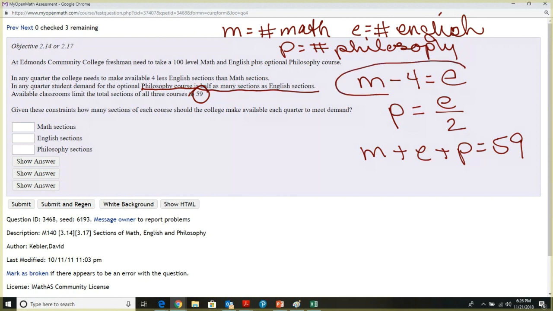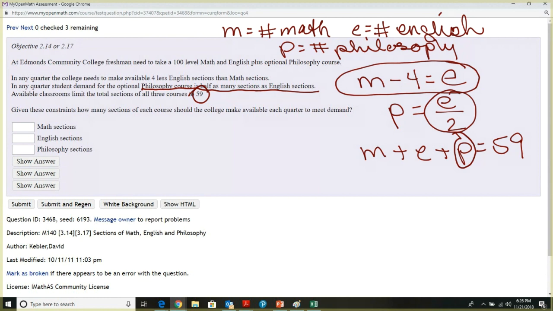Here's an equation that only has M and E. So if I were to plug this one in for this P right here, I would have another equation with only M's and E's. And essentially that's what we're trying to do here, is get down to just 2 equations and 2 variables.